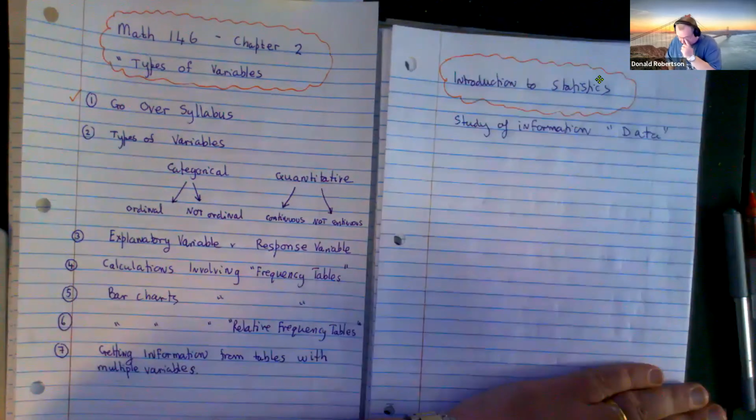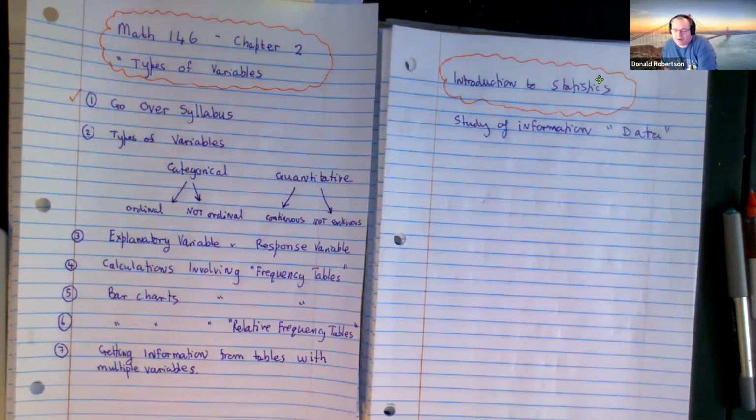So it's a study of data. That's how do you collect good information? What does it mean that you've got good information? Because good, bad, how do you tell? So we talk about getting information. And we also talk about things like summarizing that information.